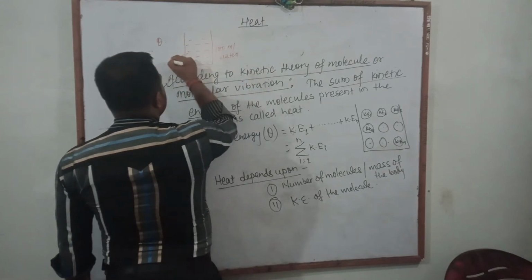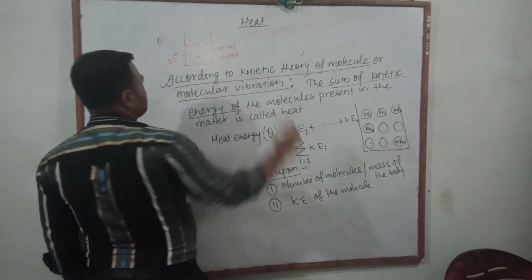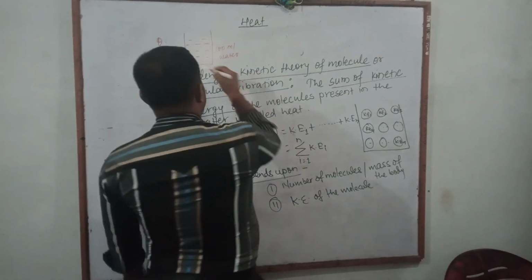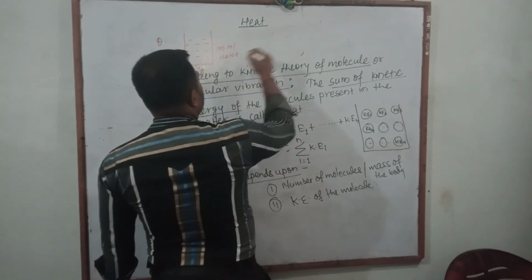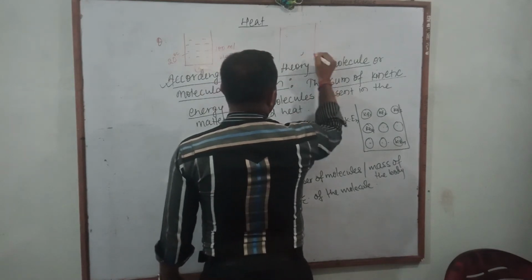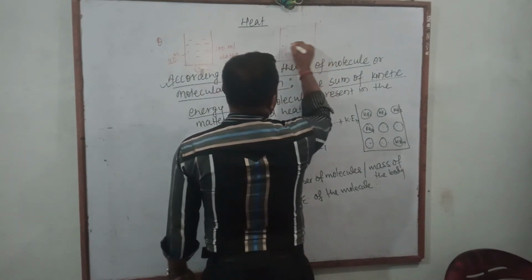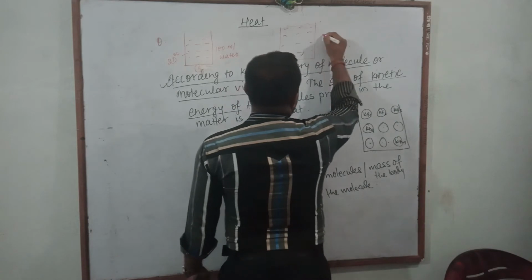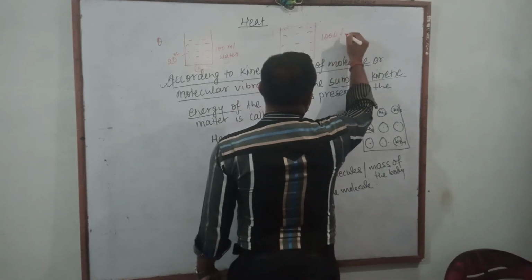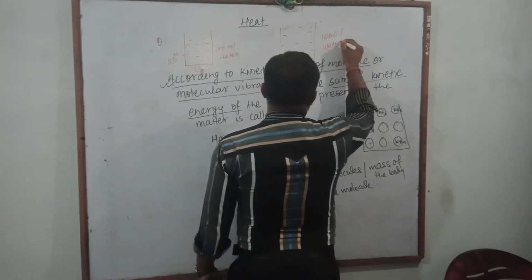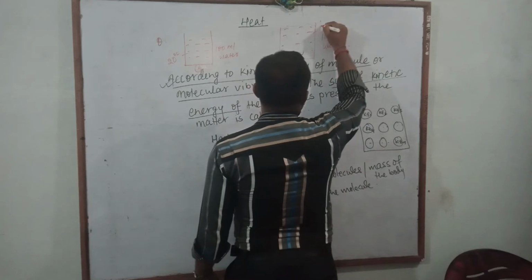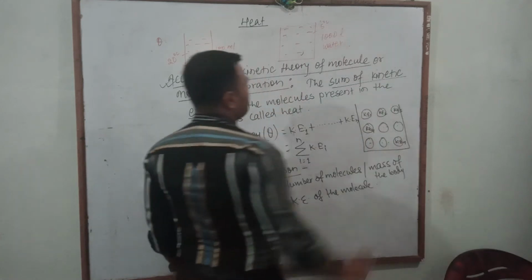Its temperature is 20 degrees Celsius. A diagram is given. Object B is a drum that contains 1000 liters of water, having a temperature of only 5 degrees Celsius.